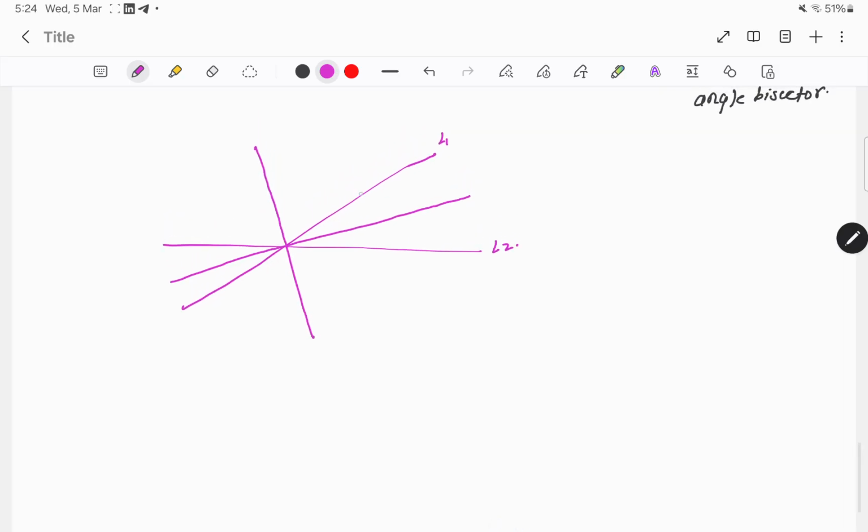Now what I am going to do is, P of alpha comma beta is on this line. Now draw the perpendicular distances, that is P1 and P2.